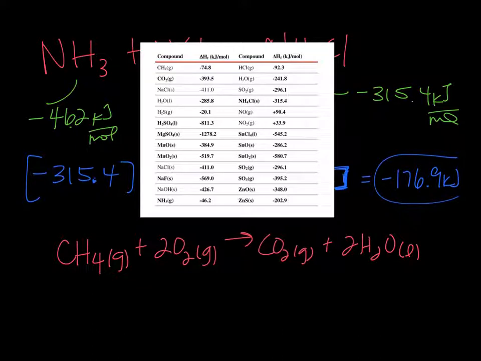So first I'm going to find all my delta H's of formation. So water, and this one, water is liquid. So I need to make sure I use the liquid water right here and not the gas water. So you need to really pay attention to that, especially for water. It's real easy to get those mixed up. So it's negative 285.8. Carbon dioxide is negative 393.5 right here. Oxygen is 0, and CH4 is negative 74.8.